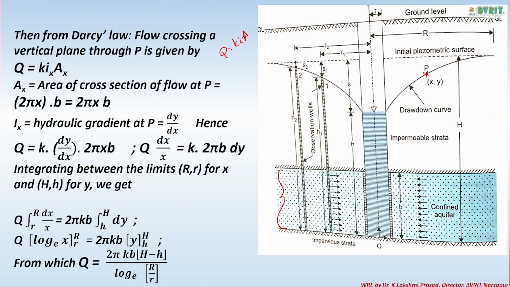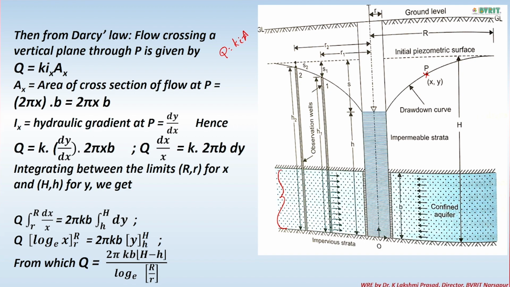Because of the pressure, this is the piezometric surface. The piezometric surface represents the hydraulic gradient, that means the pressure line. Because of the pressure, the water level is shown here, but the well is not drawing water from the entire thing. The well is drawing water only from the confined portion.